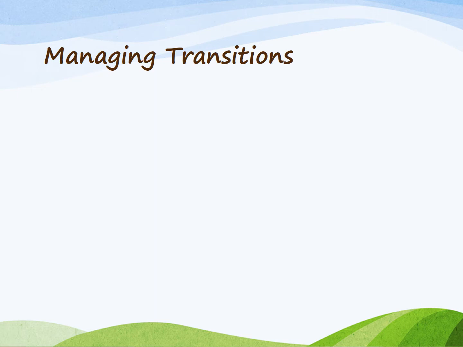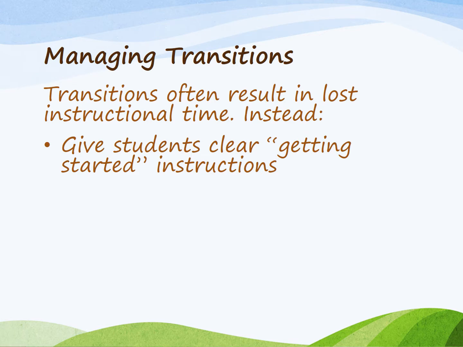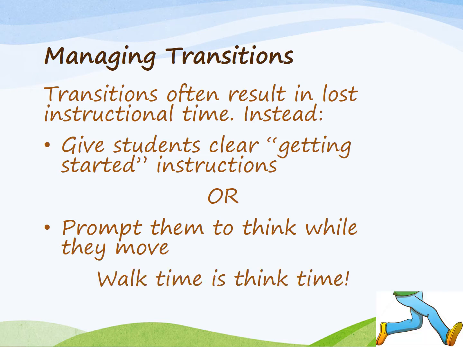Transitions often result in lost instructional time. We can minimize this problem by giving clear getting started instructions, or by giving them a prompt to think about while they move. Build in silent thinking transitions, or keep expectations really tight for how students are going to quickly manage transitions.